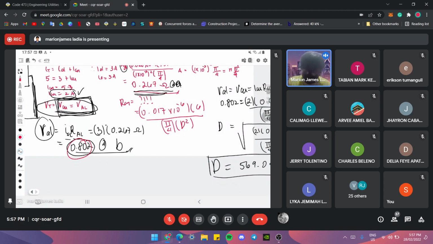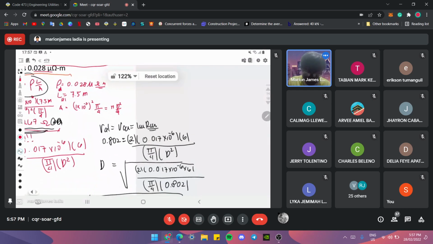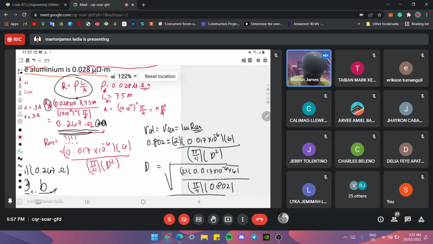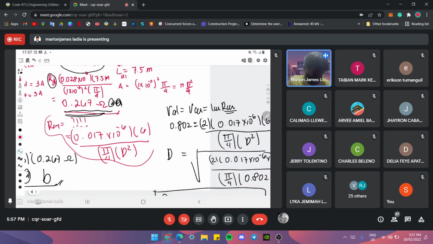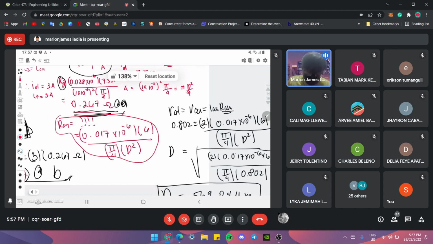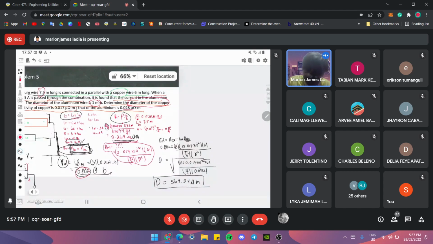Okay? So since equal sila, dito tayo nag-base sa sumunod. Kinuha natin yung RCU natin by our formula. From that RCU, linagay lang natin yung mga nandito na dati, katulad ng row, which was initiated here, yung ating length, which was 6 meter, yung ating row, length, yung diameter unknown.